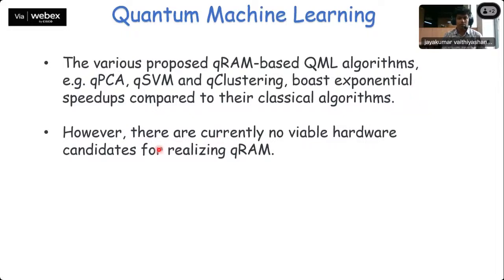So this is the problem. Right now, there are no viable hardware candidates for realizing QRAM. So if you want to process so much storage, so much data, please don't choose quantum ML. Quantum ML will fail.